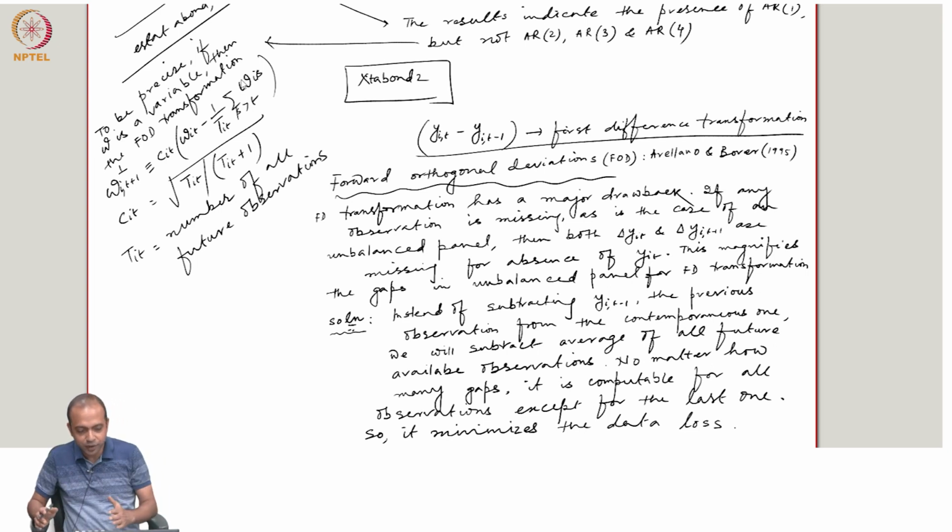So, if you have an unbalanced panel, then we should use the FOD transformation in place of first difference transformation.